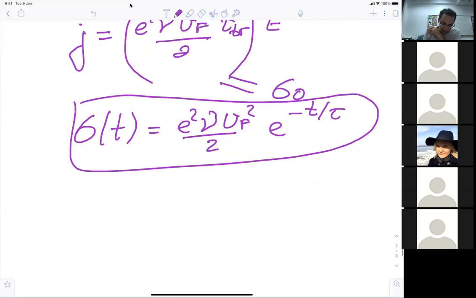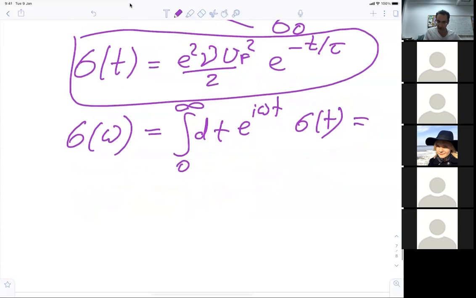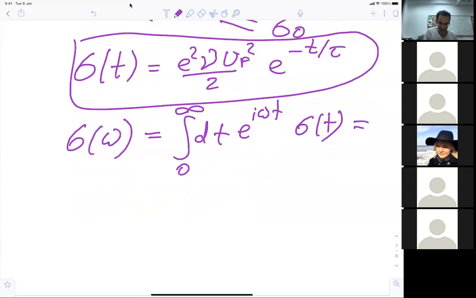In frequency space, the same linear response coefficient is just a Fourier transform from 0 to infinity of e to the power i omega t sigma of t. If you plug this in, you get sigma 0 over 1 minus i omega tau.